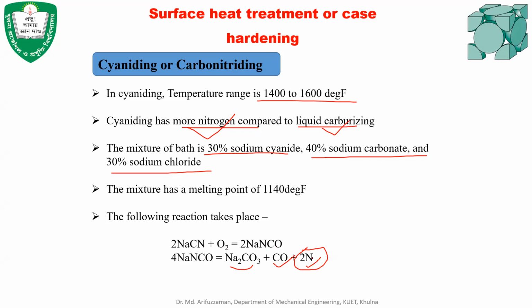That means this nitrogen reacts with the alloy nitride-forming elements and forms aluminum nitride or chromium nitride to form a hard structure, and the carbon monoxide that is present also releases some carbon into the metal structure. So carbonitriding is basically introducing both nitrogen and carbon into the surface of the material to get a hard surface.